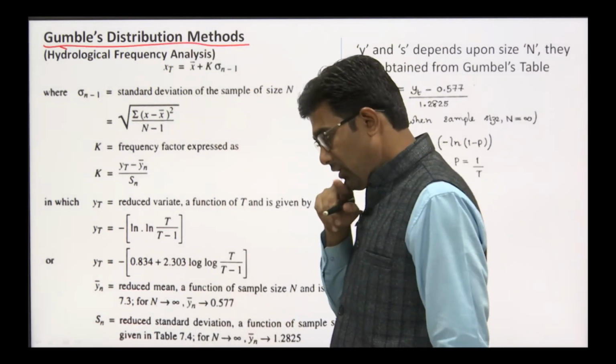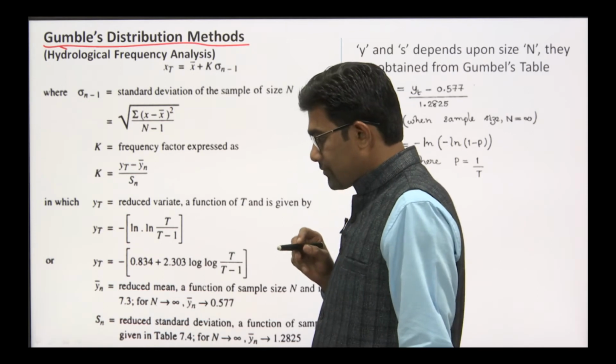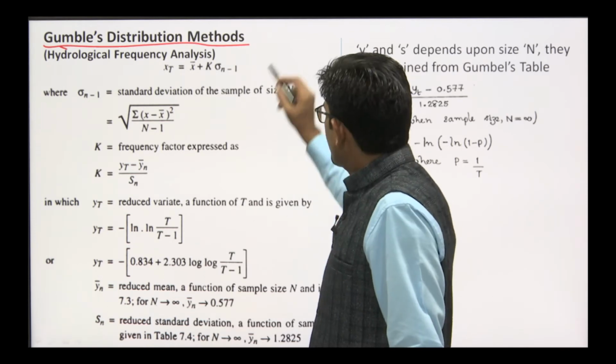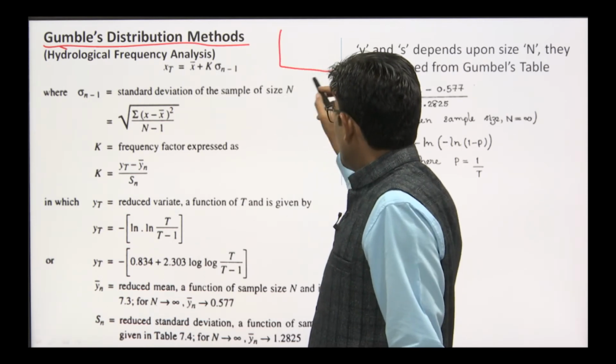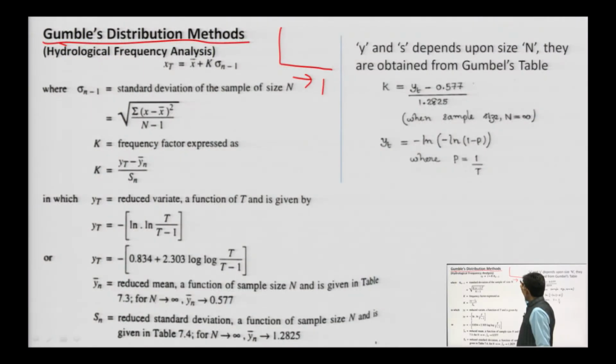In the last class I told you that if I have a plot between recurrence time t and discharge, then at any time interval the flood discharge can be calculated.